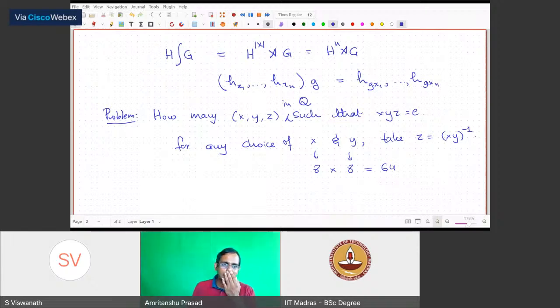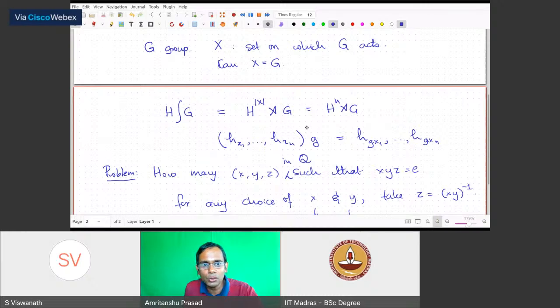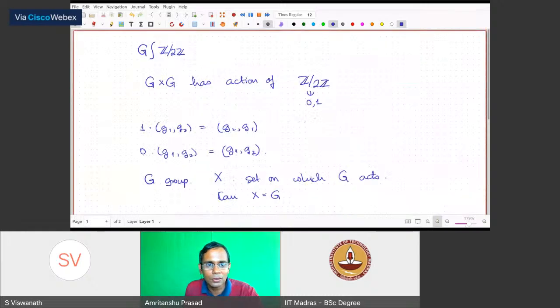Krishna, you're asking if one acts trivially. In principle, yes, one can act trivially, in which case that semi-direct product just becomes a product Z mod 2 cross Z mod 2 with trivial action. Normally when you just write Z2, read Z mod 2, you assume that the action is non-trivial.